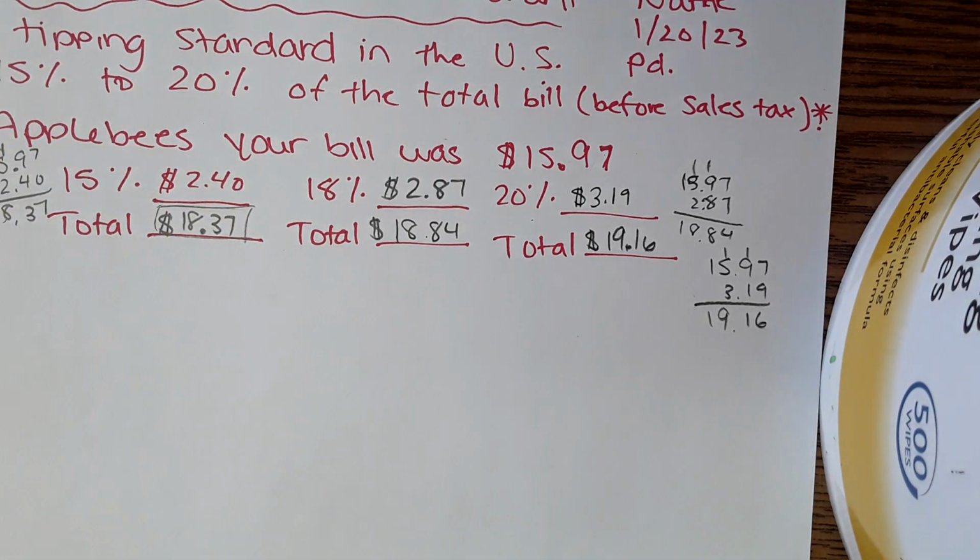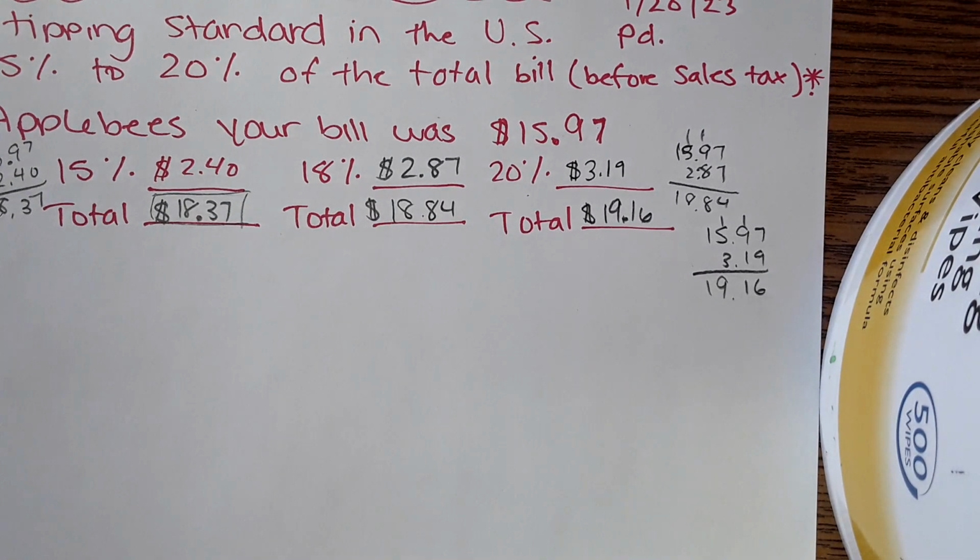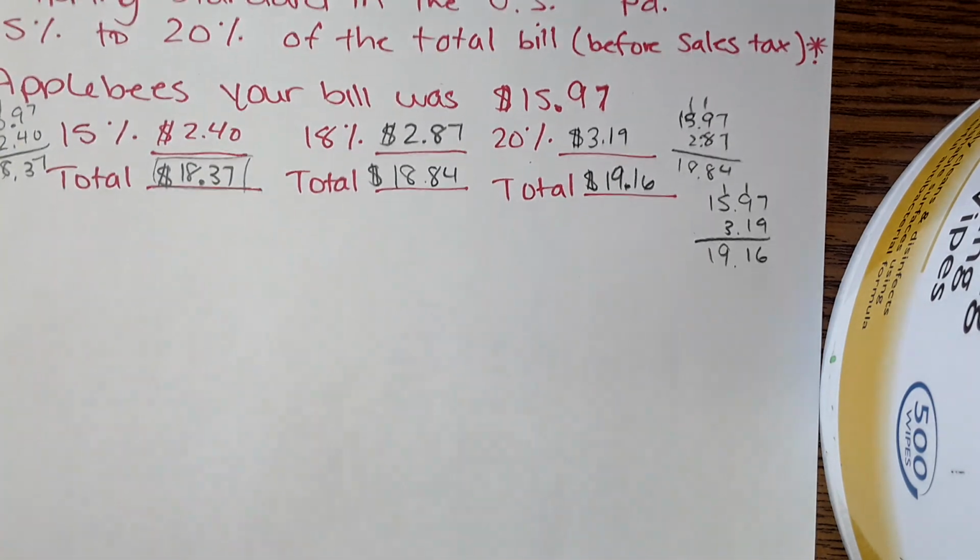Still using the calculator? Yeah, I'm showing you like the long way first. Oh. Yeah. Okay, so if you wanted exact answers, that's how you do it with the calculator.